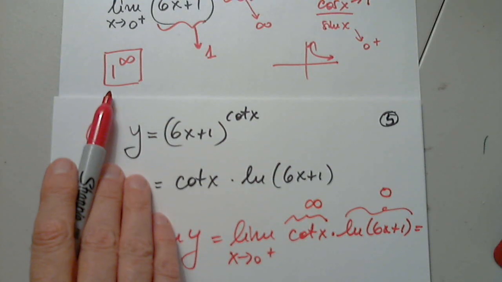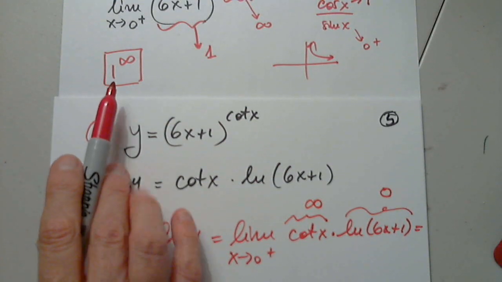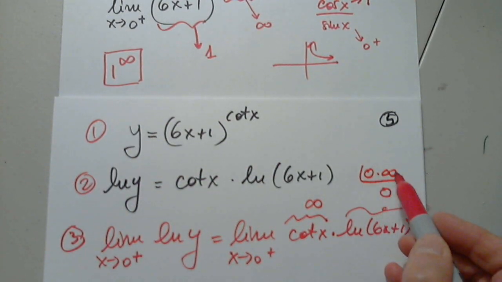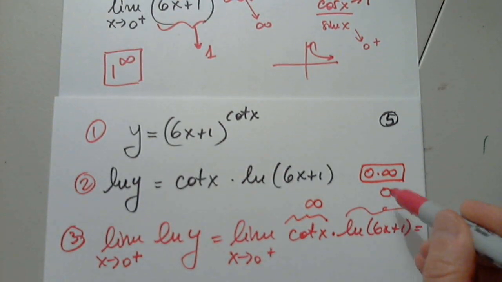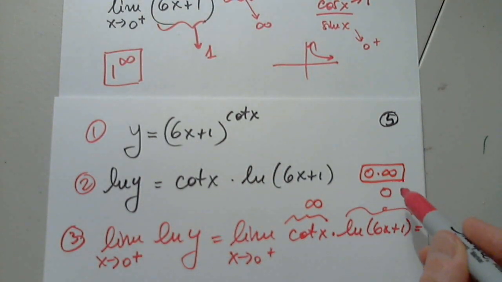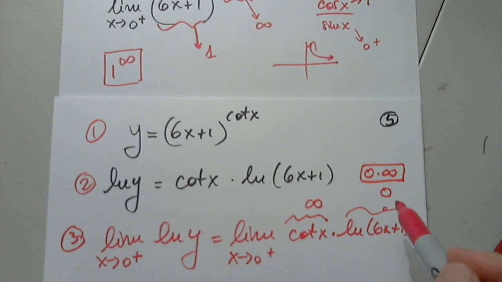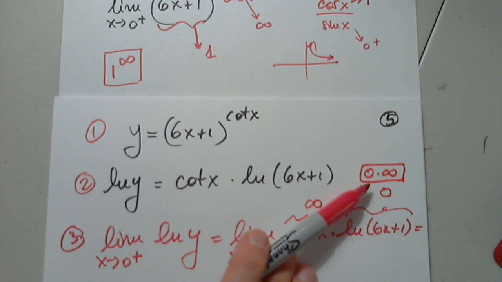I changed this most difficult, I would say, indeterminate case into 0 times infinity, which, as Aaron just said, only requires us to manipulate the function a little bit, muscle it a little bit to change it into a ratio. That's exactly it. That's exactly what it needs.